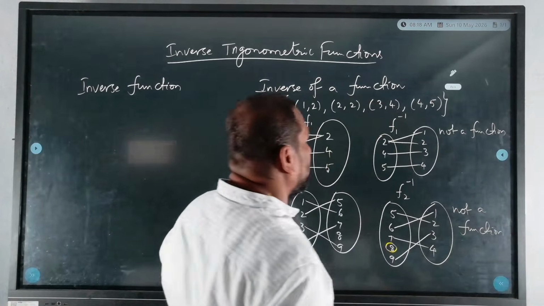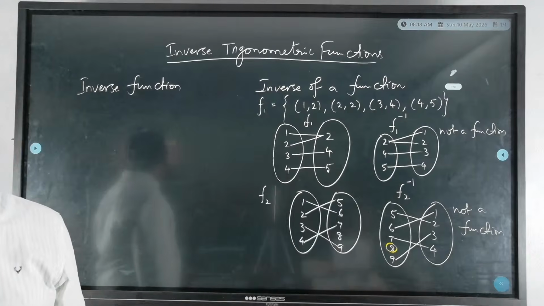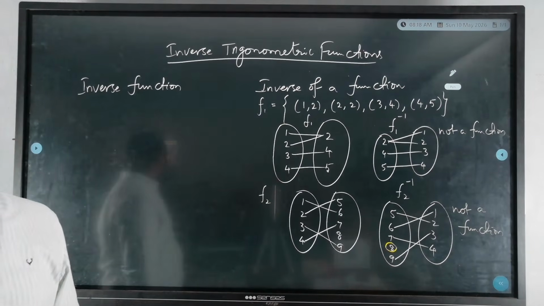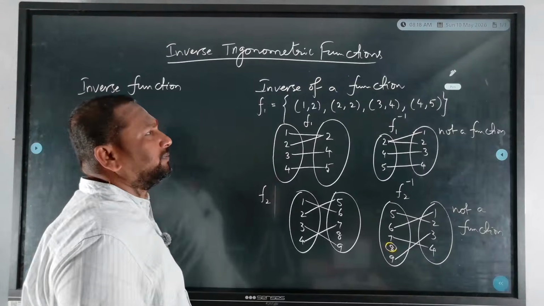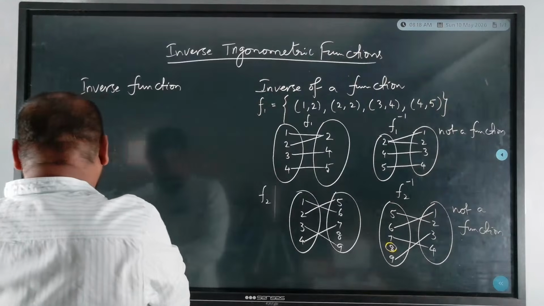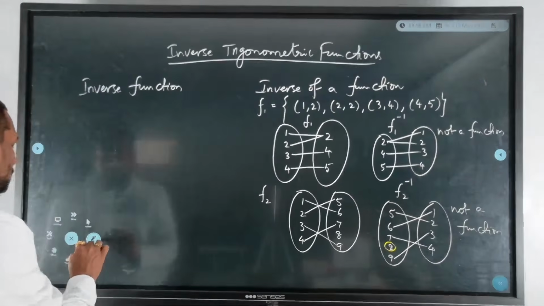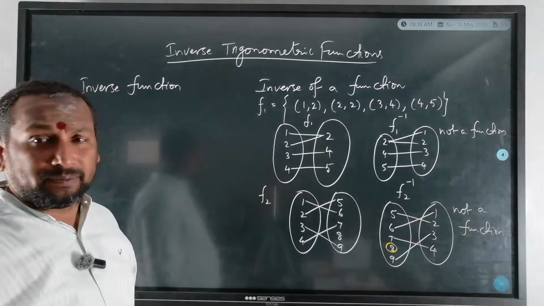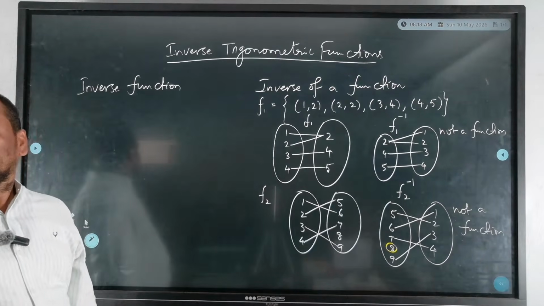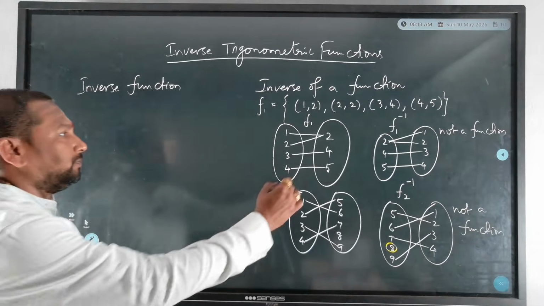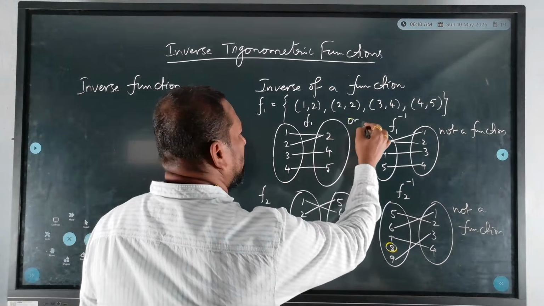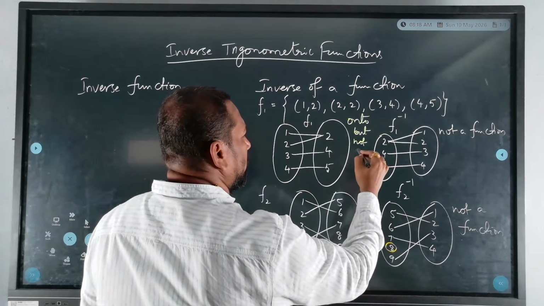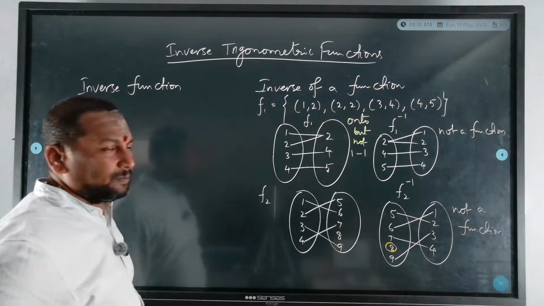So what is the conclusion here? What type of function is it? This is onto but not 1-1.